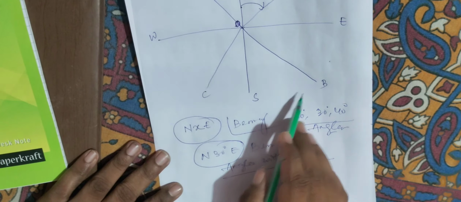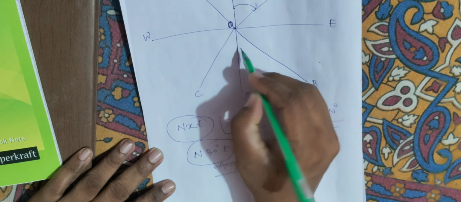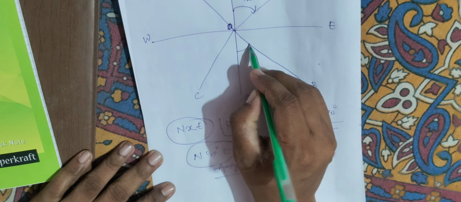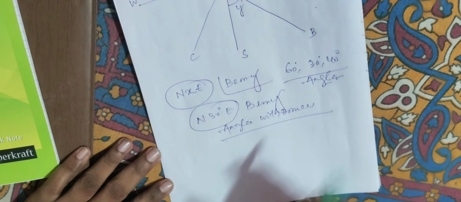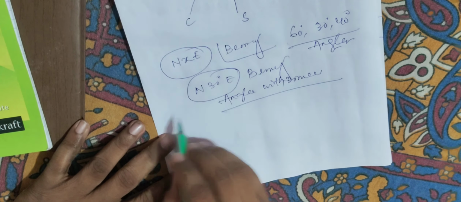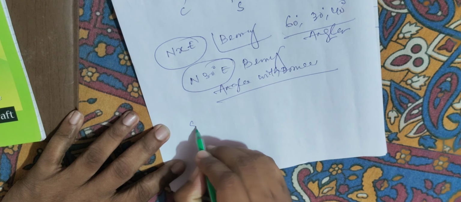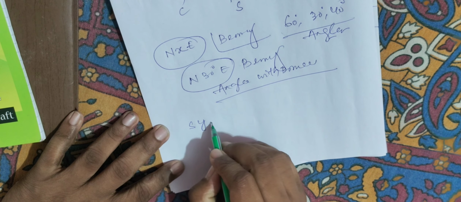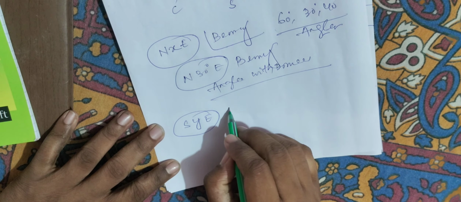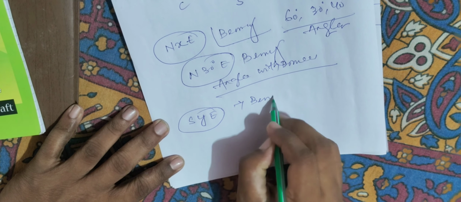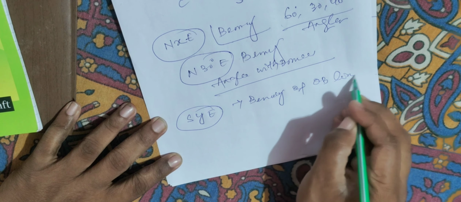If we go for the OB line, if you consider at the quadrant level, then suppose this is Y, and this Y we write in that form, that is south, Y, east. That is the bearing of the OB line. Clear?